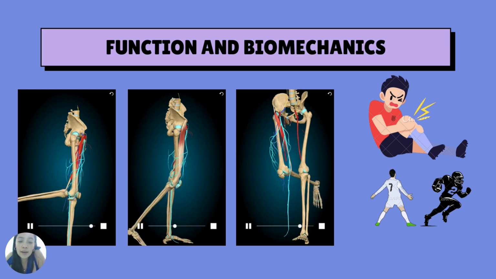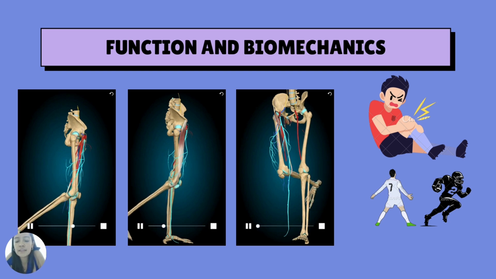The function and biomechanics: the knee allows flexion, bending the leg, that is the first image, extension, straightening the leg, and rotation, internal and external, when the knee is flexed.